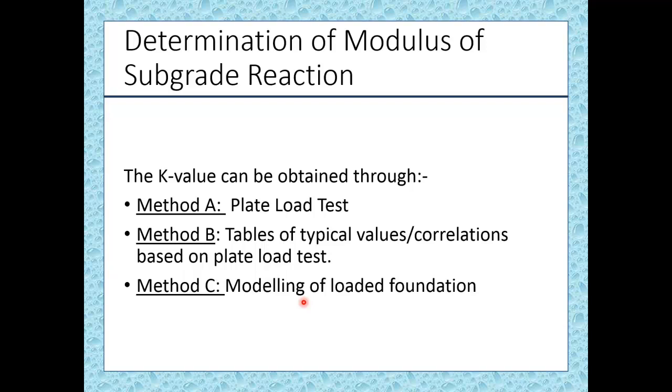Let us understand how to determine the modulus of subgrade reaction, which is used for the soil spring supports. The K value, the modulus of subgrade reaction, can be determined using three methods. Method A is the plate load test, where you can calculate the modulus of subgrade reaction using the test results, as stated in your textbooks.